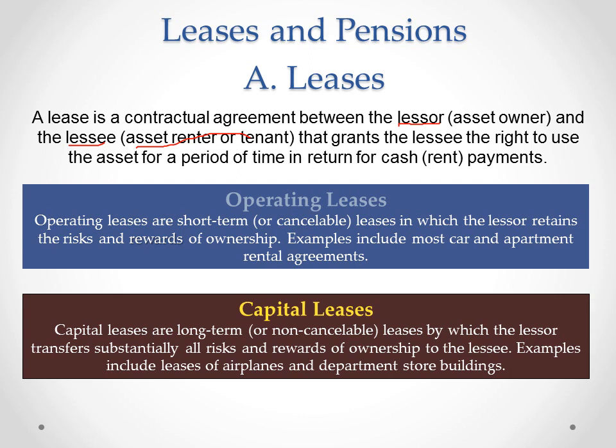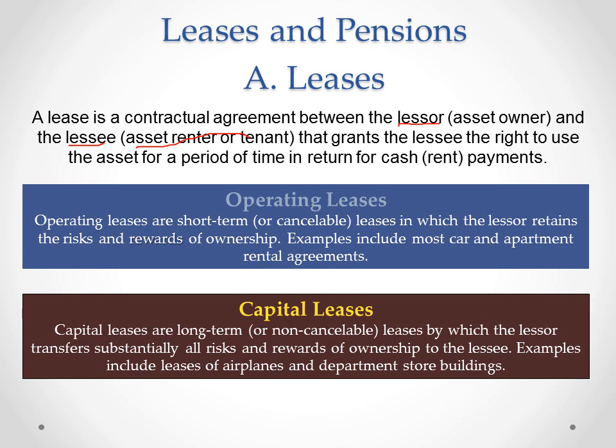Let me first identify what we mean by lease. Lease is a contractual agreement, a contract between two parties. The first party is the owner of the good, whom we call the lessor, and the lessee is the one who is going to rent the good.